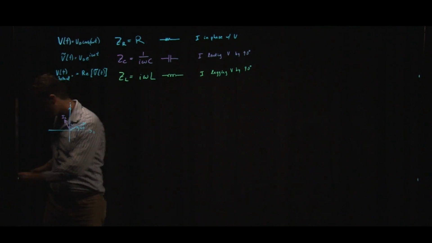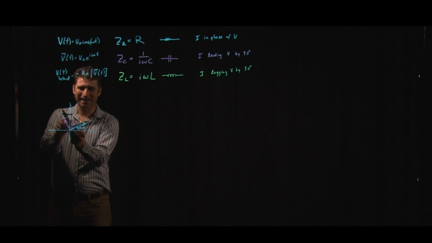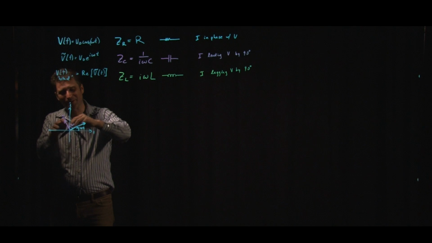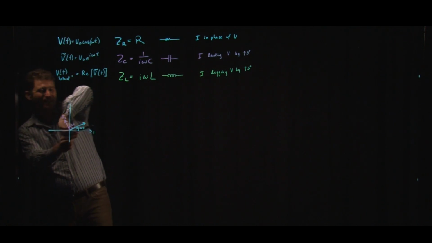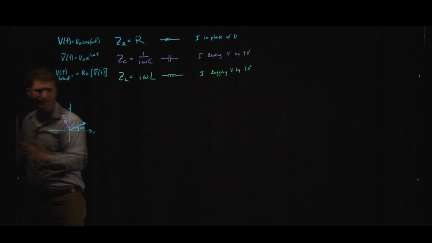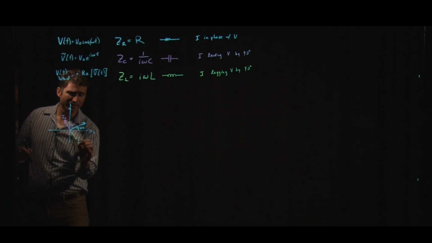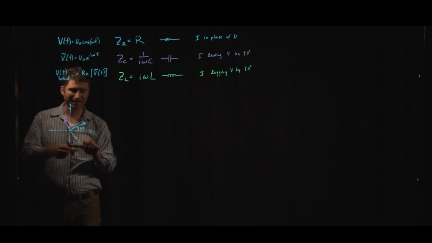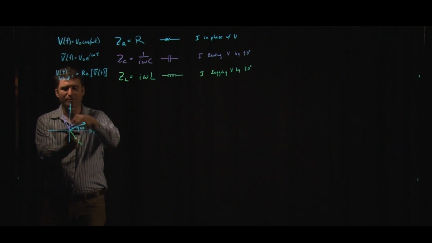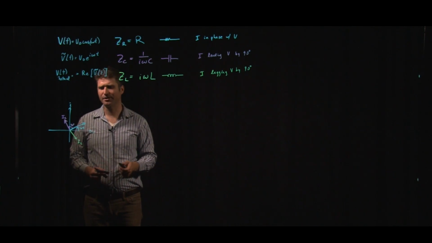So I can visually display with my two markers here, as this voltage is rotating, this current across the capacitor is always 90 degrees ahead. Similarly, the current going through an inductor is always going to be 90 degrees behind. As this is spinning around, we're always going to be phase lagged by 90 degrees. So that's a good way to visually think about it.